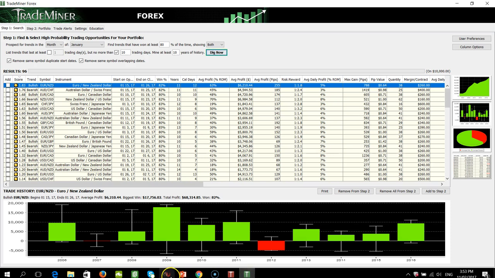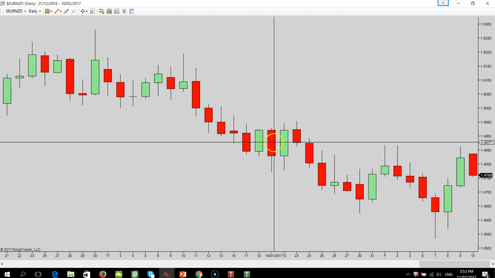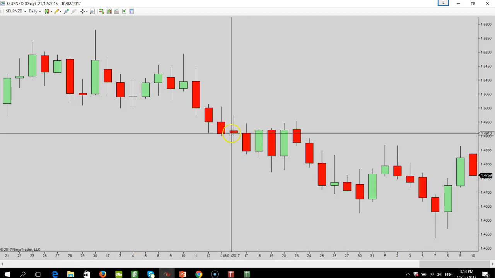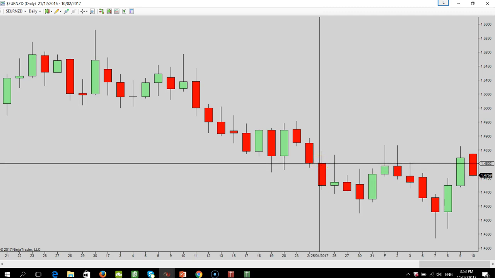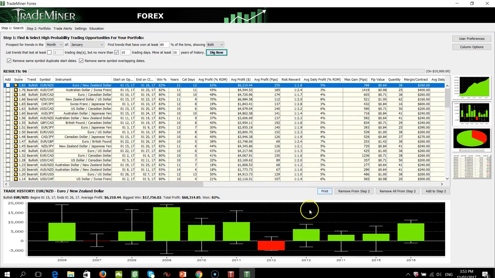Until the 26th. So from this one down to the 26th. So this one didn't work out. Now, one of the things you can see with this is it shows you the last 10 years down here, what sort of profits there were on these trades to be had.